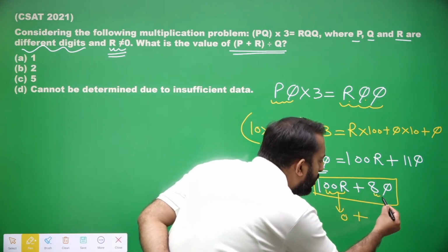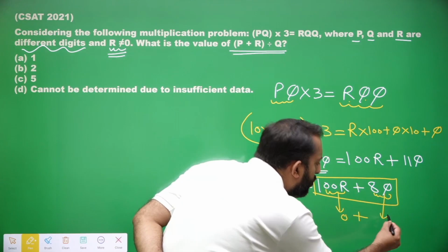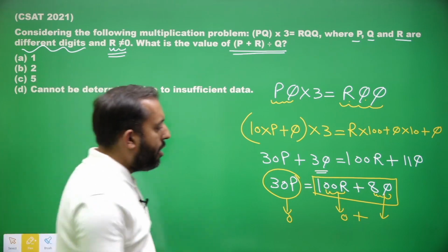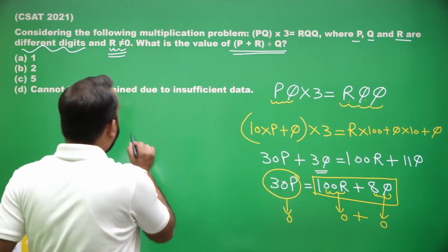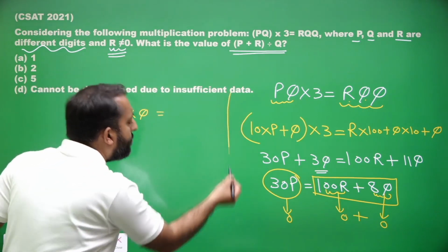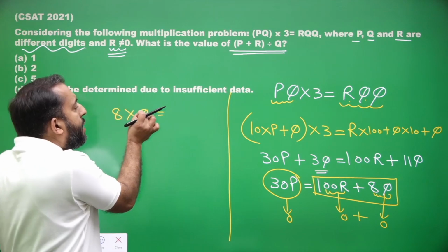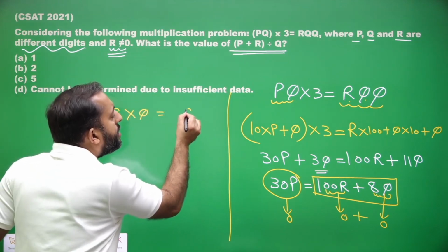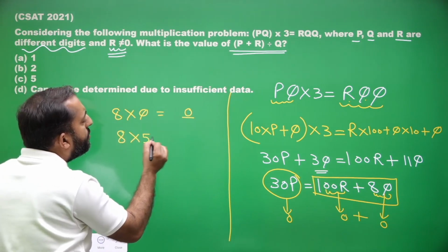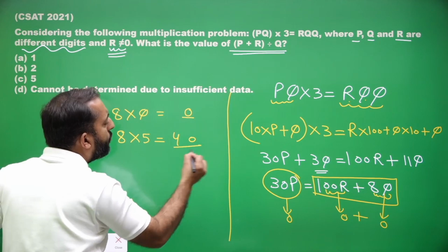Now 8 into what is going to give me units digit 0? 8 multiplied with Q, you want such a result whose units digit is 0. It is possible when Q is replaced with 5, because 8 into 5 is 40.